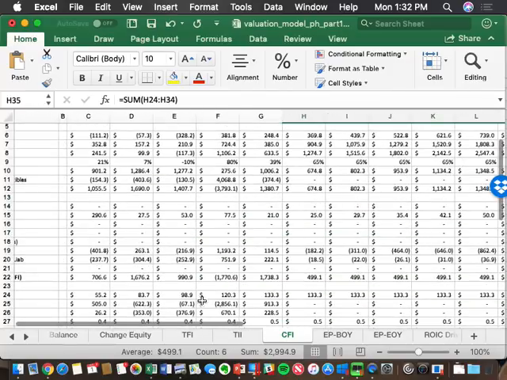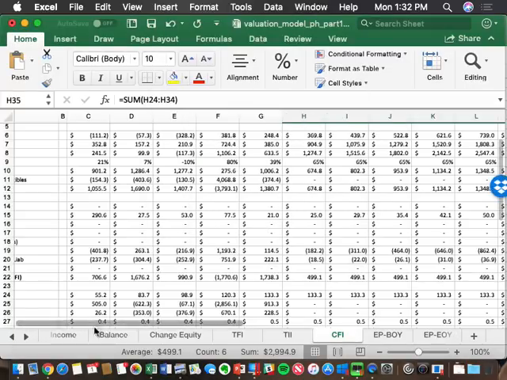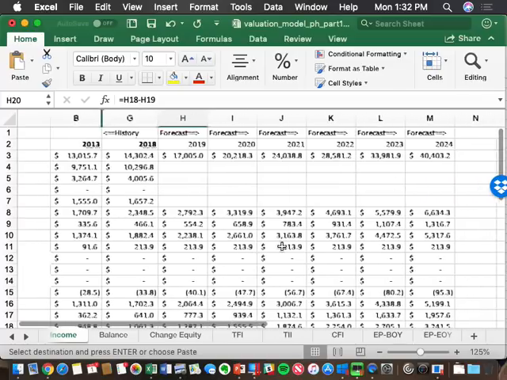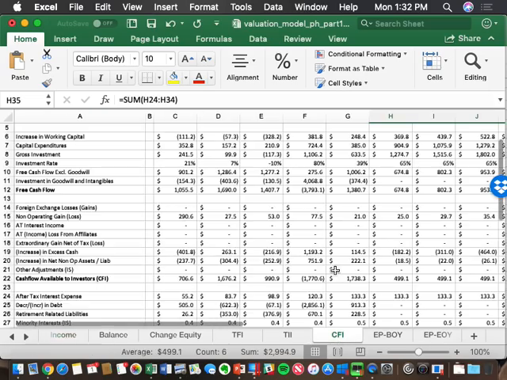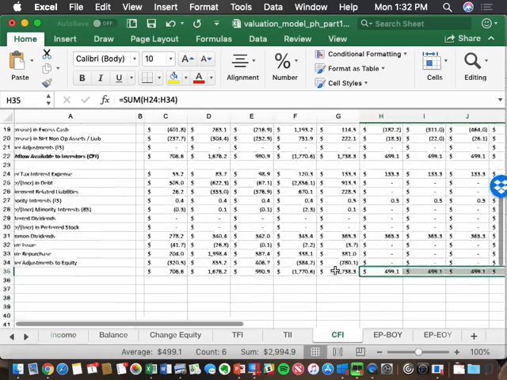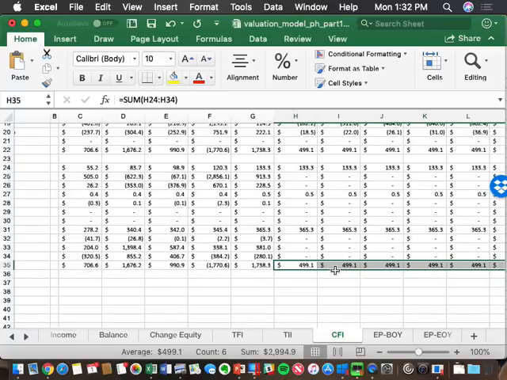Because you can clearly see, if you go to the income tab, that they're growing. Sales go to 40 billion in our model. The EBITDA is growing and the free cash flow is growing. So why isn't the CFI changing? A little conceptual understanding of CFI.